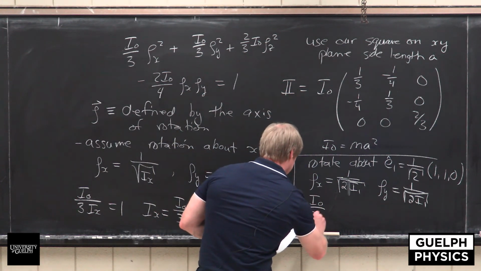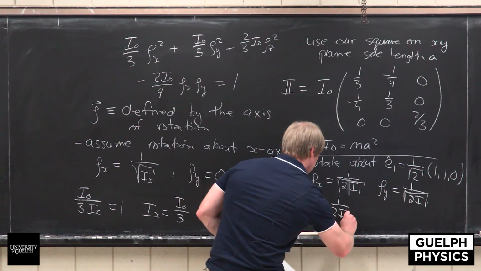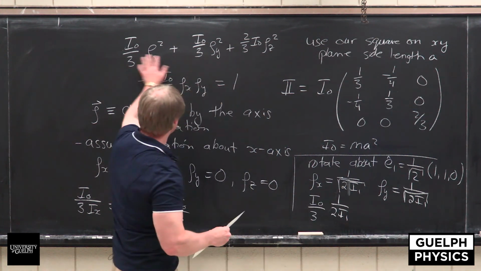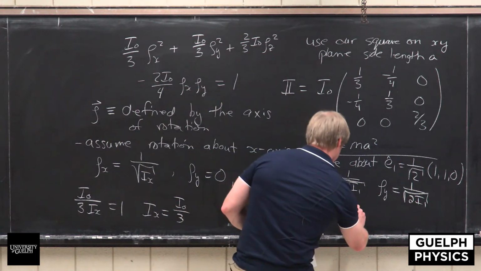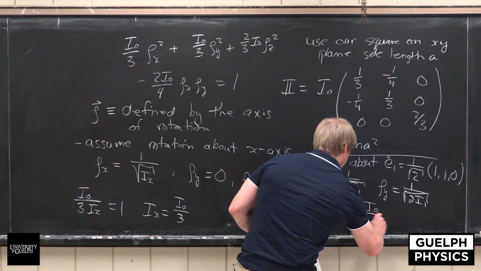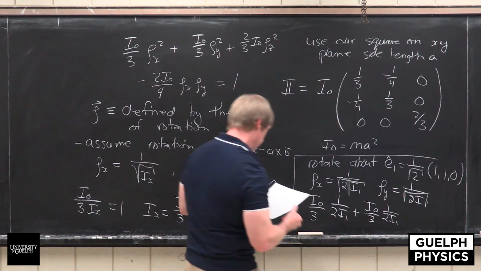And our equation, when I plug these values in, becomes I naught over 3, 1 over 2 I1. So that's our first term. I get exactly the same thing for the second term. I naught over 3, 1 over 2 I1.